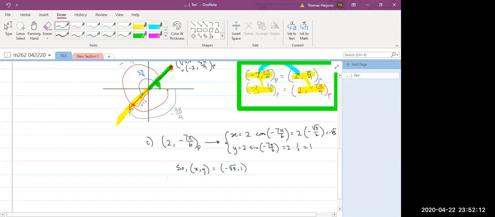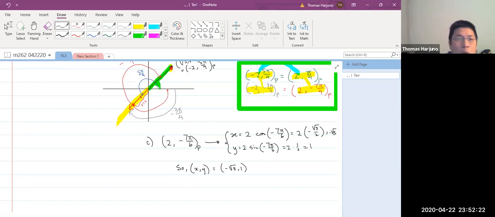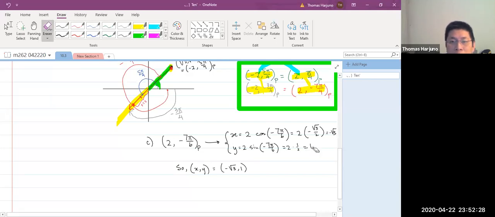Professor, how did the y become 1? Wouldn't it be negative 1? Let's see. The way I see it, sine of negative 7 pi over 6 is negative of sine 7 pi over 6.